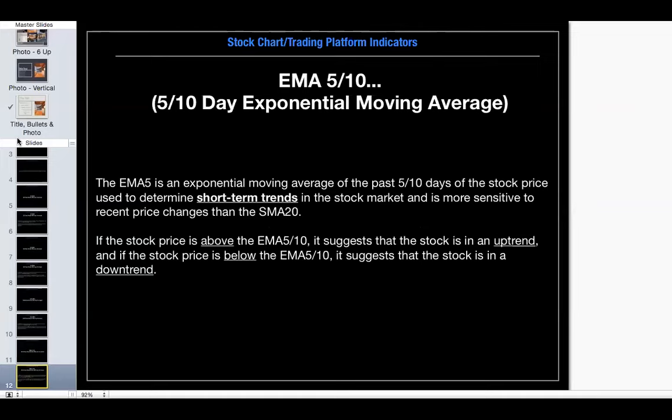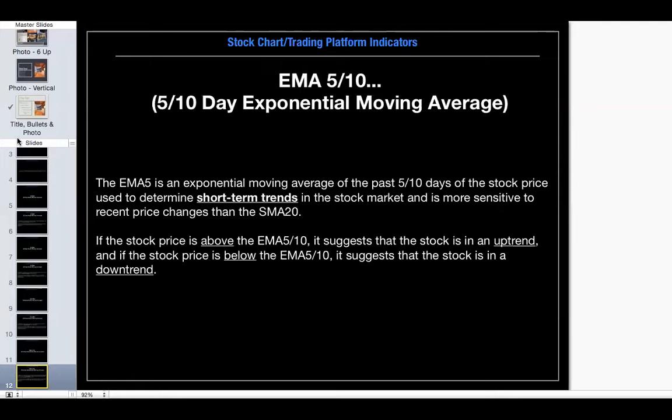It's used to determine the short-term trends in the market, and it's more sensitive to price changes than the SMA 20. I'll switch this over in a minute to stock charts so you can see it. You'll see that the EMA, whether it's the EMA 10 or the EMA 5, is generally going to run almost identical to the share price itself.